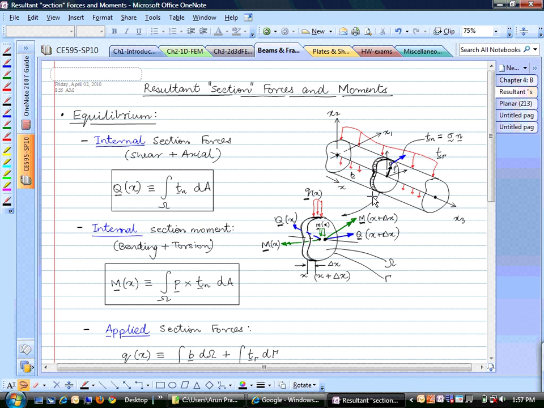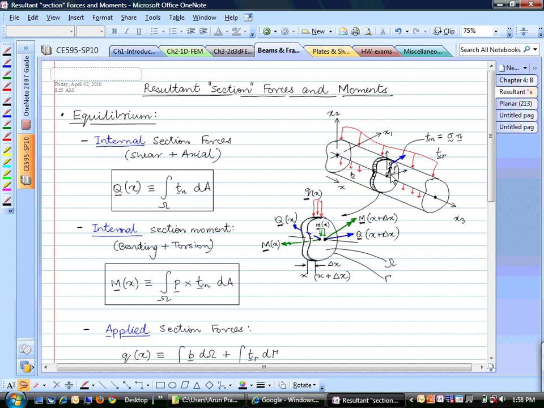So the similar type of thing that we'll do for beam theory involves not a small cube, but two adjacent rigid cross sections, a small length delta x. We are going to pick out this small body from our beam, and we are going to write the equilibrium equations for this. And in order to do that, we need to define some of these quantities.